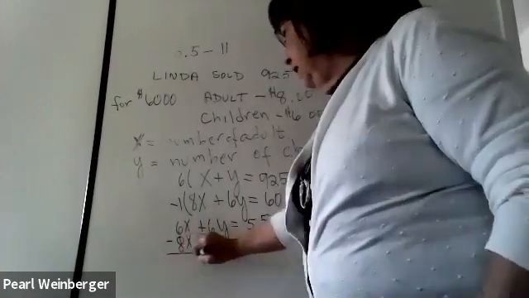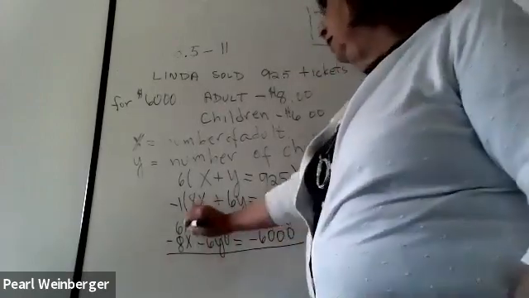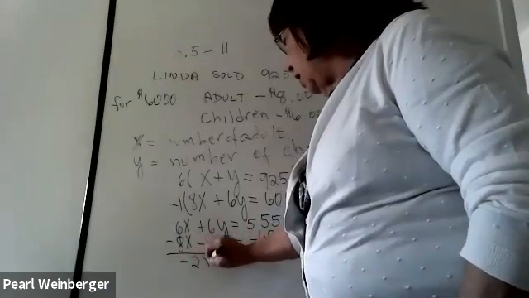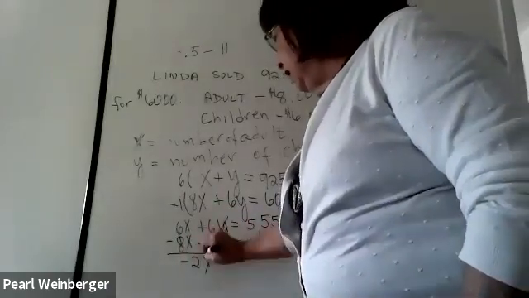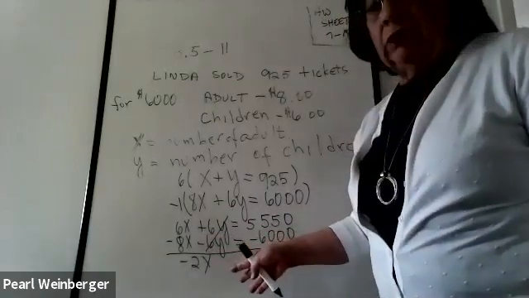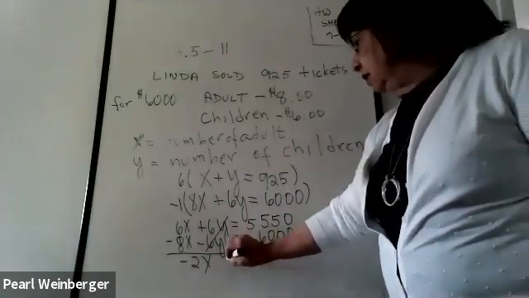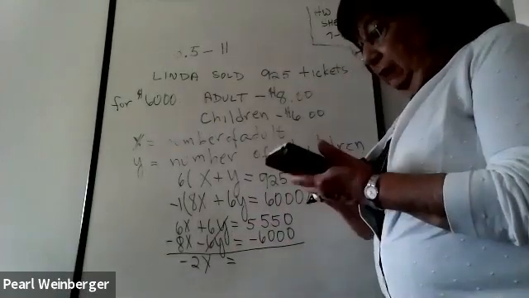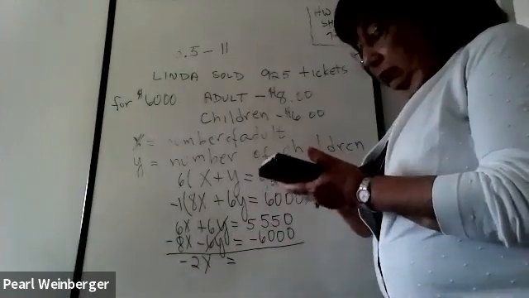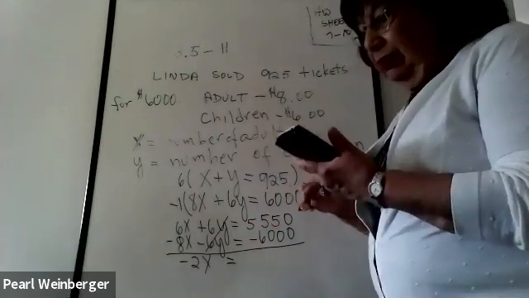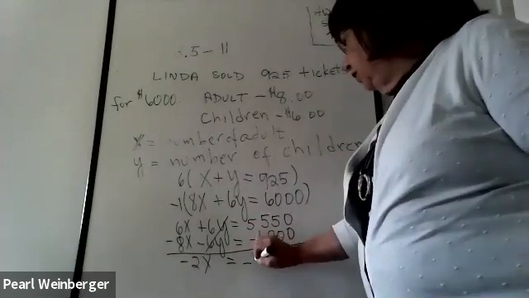And when I add these two equations down, 6x and negative 8x is negative 2x. 6y and negative 6y cancel out. Well, that's what we were trying to do. We were trying to eliminate our y's. And 5,550 minus 6,000, again, I'm doing this on my calculator, is negative 450.